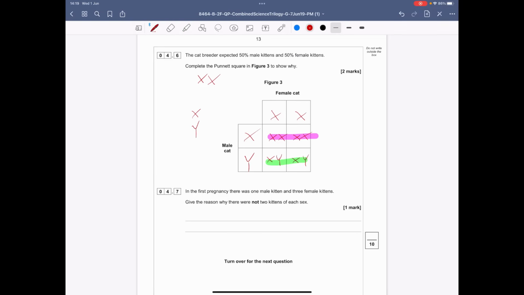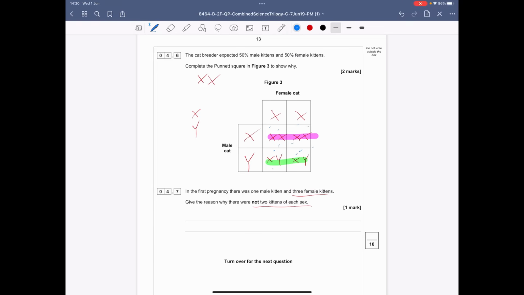Question 4.7. In the first pregnancy, there was 1 male kitten and 3 female kittens. Give the reason why there were not 2 kittens of each sex. Well, the offspring could end up in any of these boxes.